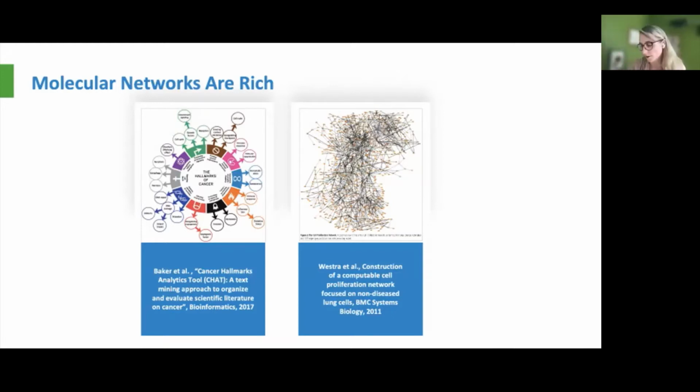And of course, the biologist can't, or most people that I know are not able to hold this much information about cell proliferation in their heads and then generate insights from it. But biologists do, especially signaling biologists, they really do hold a lot of information in their heads.